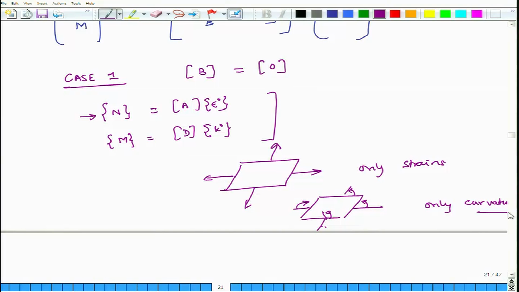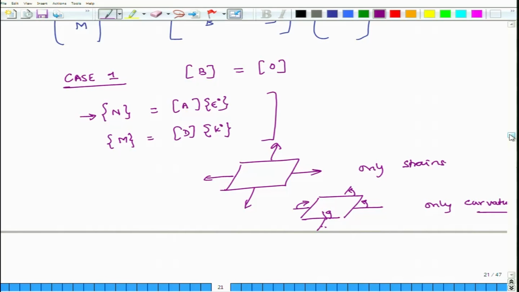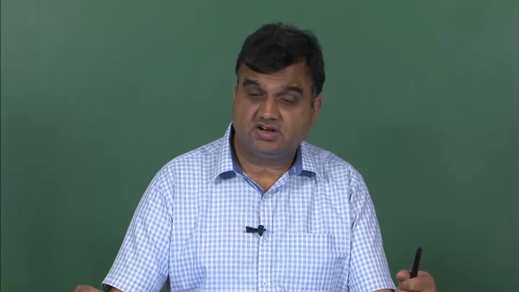So, if the B matrix for a laminate is 0, force resultants generate only mid-plane strains and no mid-plane curvatures, and moment resultants only generate mid-plane curvatures and no mid-plane strains. This is very important to understand.